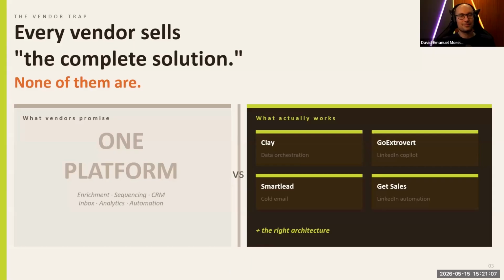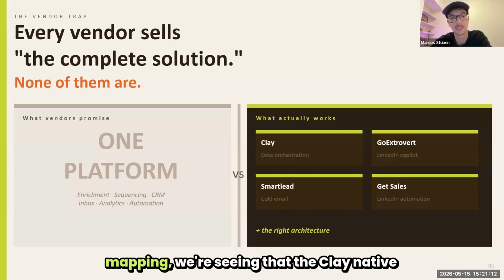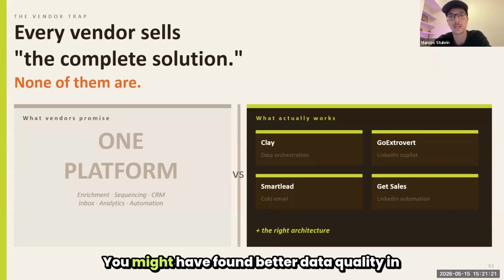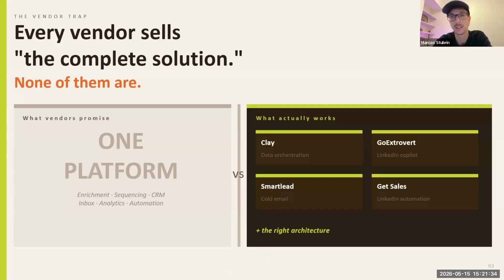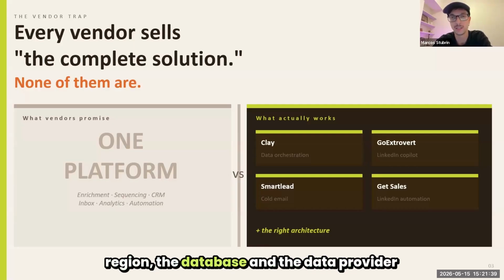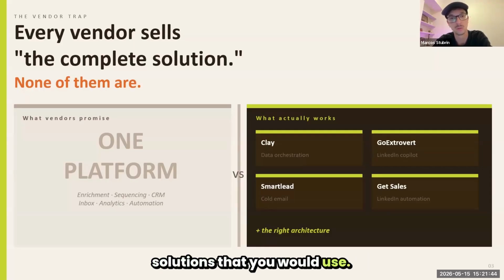Yeah. I was saying that right now for the very first step that you mentioned, which is the TAM mapping, we are seeing that the Clay native database does not refresh as often as other competitors. You might find better data quality in terms of the last update, and also in terms of the coverage, depending on the industry, depending on the region, the database and the data provider that you would use, and also the scraping solutions that you would use.